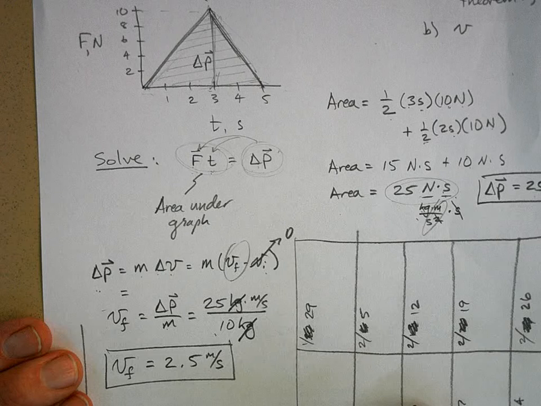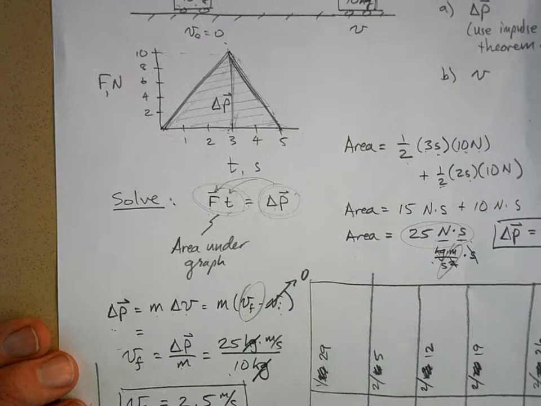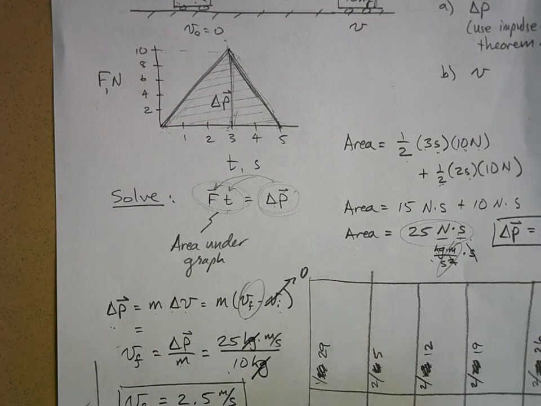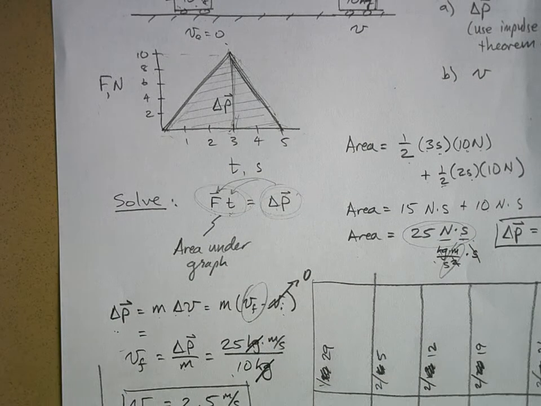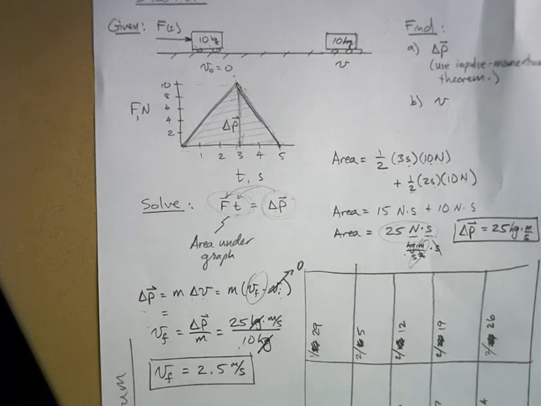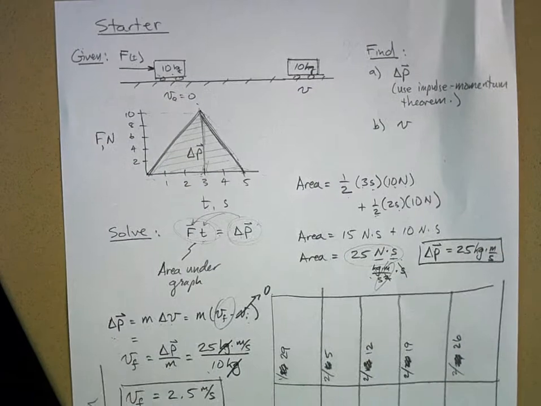So here's what's cool about this. Let me zoom out. I was trying to save paper here, so I used the same paper we used to get our notebook set up with.